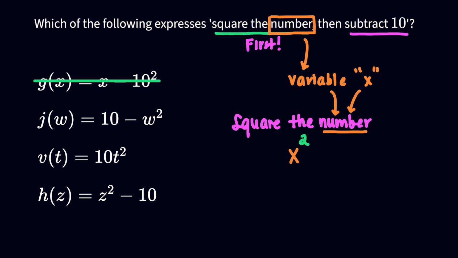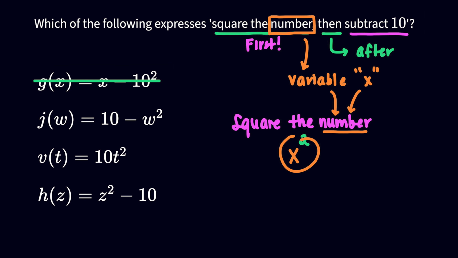So for our first check, we only got rid of the first one. But now, let's work on the second piece. It does say that after we square, then we subtract 10. That means that we're doing it after. And just like how we read and write, we always go from left to right. So if you're doing stuff after the fact, you're pushing more to the right.